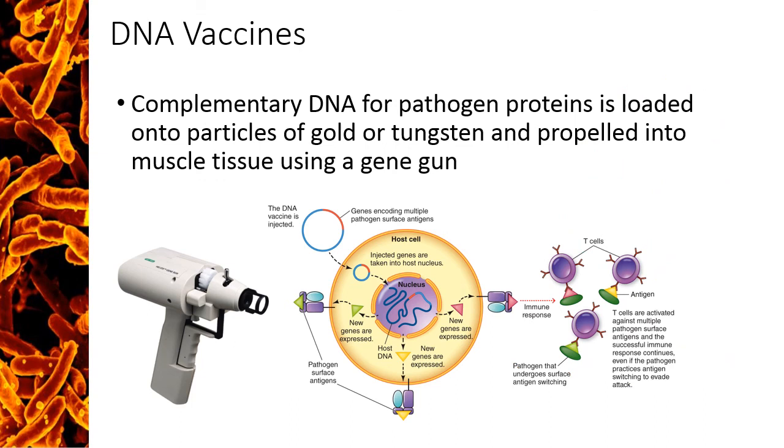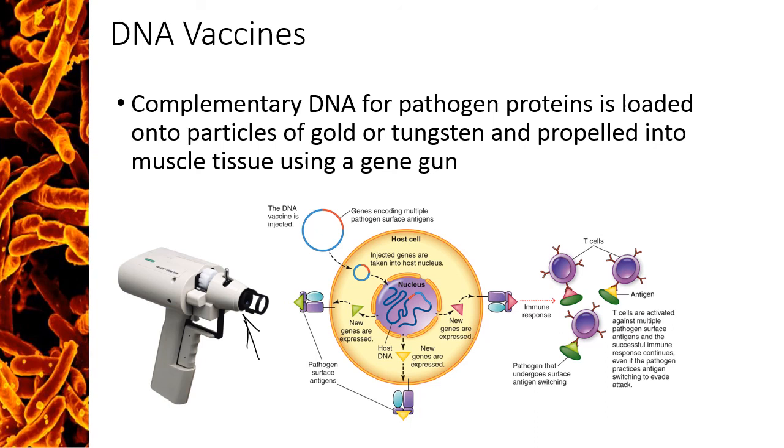Some of the newer vaccines are recombinant vaccines or DNA vaccines, where instead of injecting the protein itself, you're actually using the DNA level. So you can actually take the DNA for those proteins you might want to use from a pathogen and just use the DNA itself. One way they can do this is put the DNA onto gold particles and then actually just shoot it into muscle with what they call a gene gun, shown here.